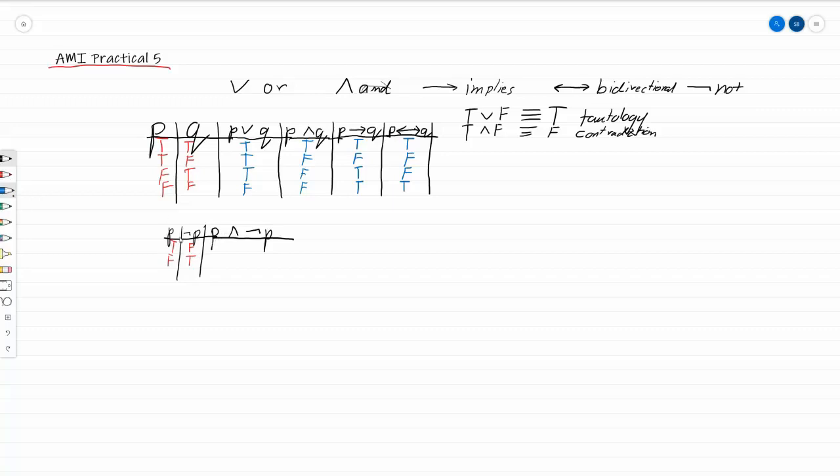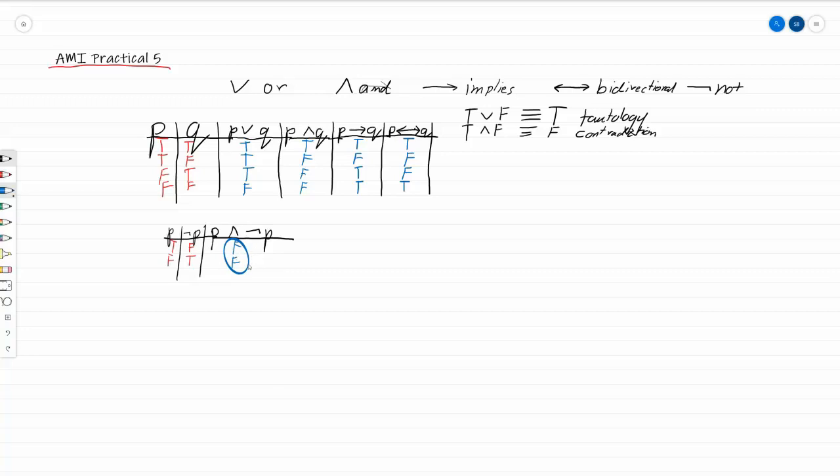So that's going to be all our inputs, effectively. We're not going to have the full 4 because we're only really dealing with P. So P is going to be true, and not P will be false, so this is false. P is going to be false, not P is going to be true, so false and true is also going to be false. So you can see here that everything here is false.